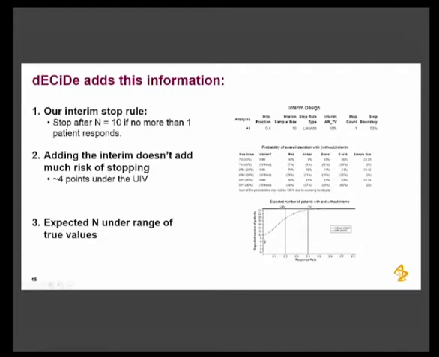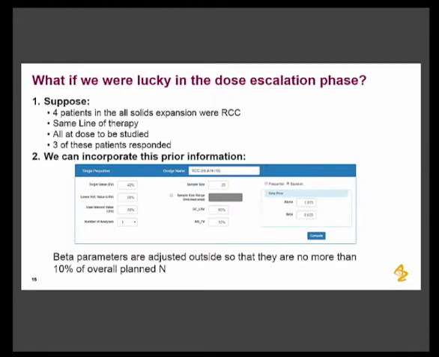And as you can see in the graph here, this dotted line will show you the impact of adding that interim over a range of true response rates. The user interest value, as I mentioned before, being there at maximum amber, only affects the chance of stopping by a few percent in our example here.